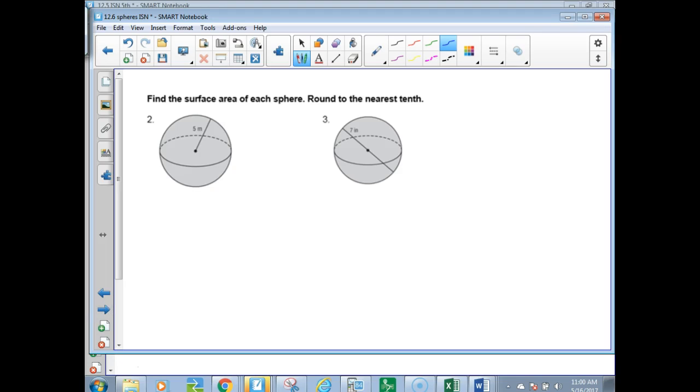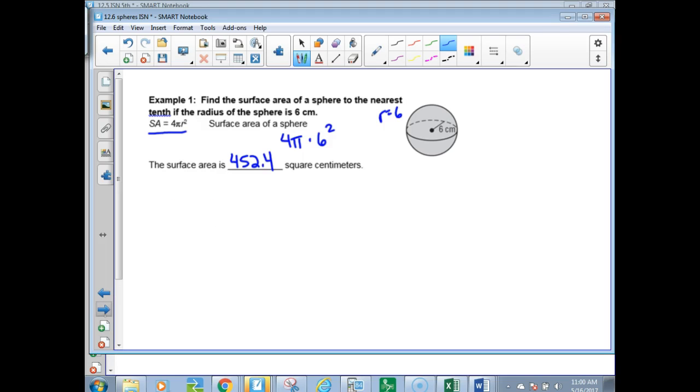Find the surface area of each sphere. This would just be surface area. SA is the abbreviation for surface area, and it would be 4 pi times 5 squared. And it's in square units.